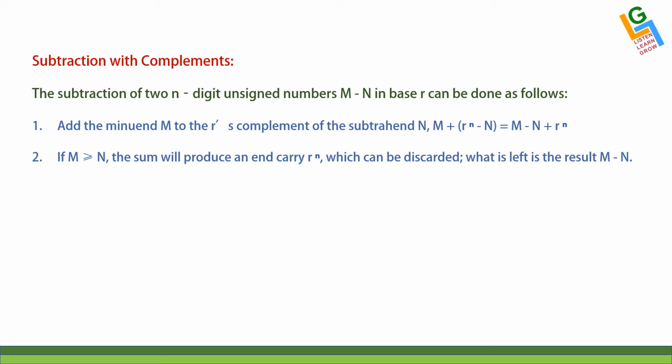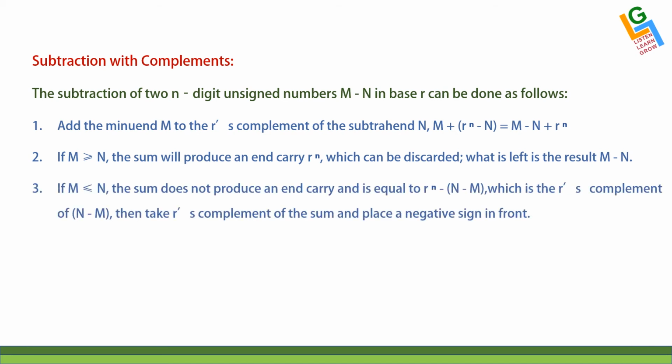What is left is the result M minus N. If M is less than N, the sum does not produce an end carry and is equal to r power n minus (N minus M), which is the r's complement of N minus M. Then take the r's complement of the sum and place a negative sign in front.